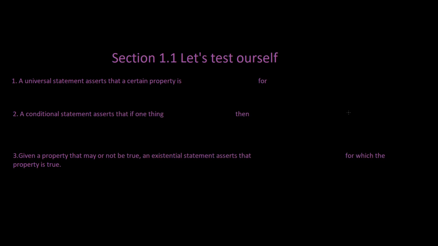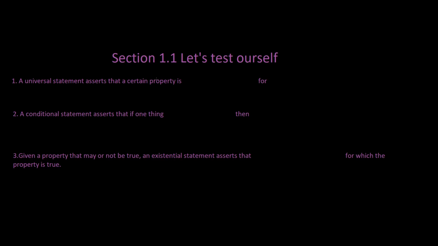Let's test ourselves. Alright, so the first question says, a universal statement asserts that a certain property is blank for, and so let's give you a couple seconds to think about this question. And so this is just the definition of a universal statement.